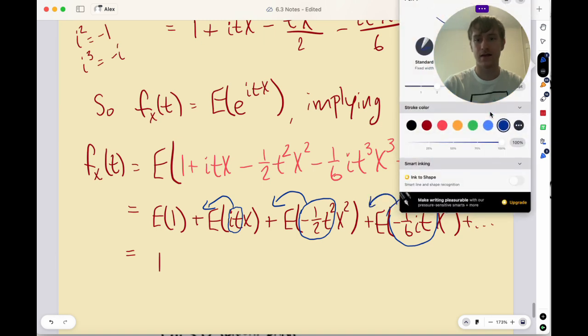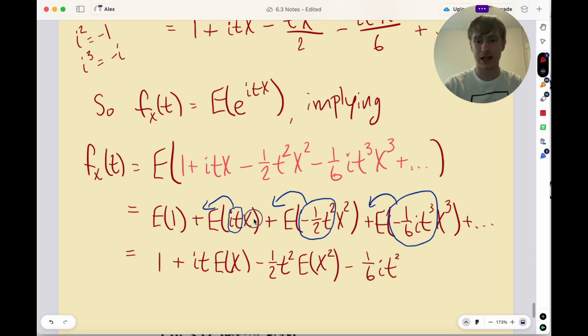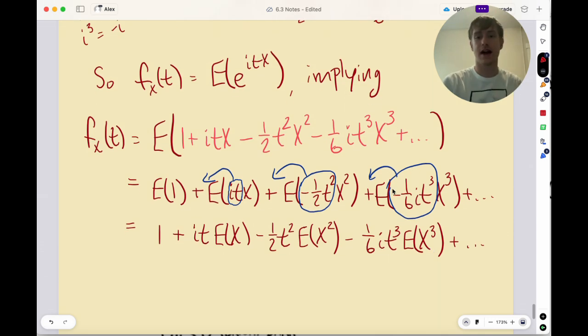So what we're going to get is 1 plus it times the expected value of X, which is what we're wanting, minus 1/2 t squared times the expected value of X squared, minus 1/6 i t cubed times the expected value of X cubed, and so on and so forth. Now, how do we get the expected value of X by itself?